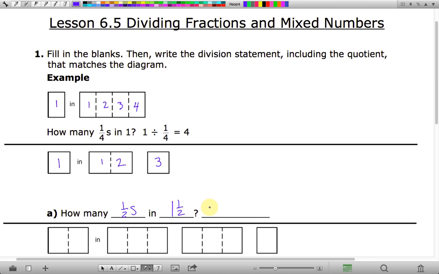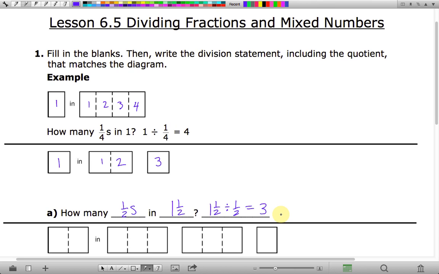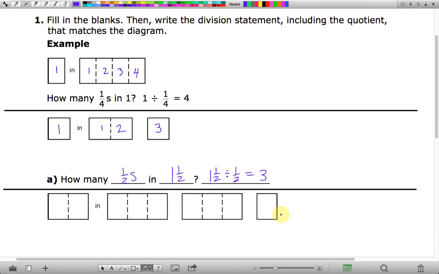And so the division statement here is 1/2 divided by 1/2, and we're going to get an answer here as soon as we take a look at how many times this box will fit inside this diagram. So it's 1, 2, 3 times. So the diagram makes it pretty obvious and pretty easy to do.